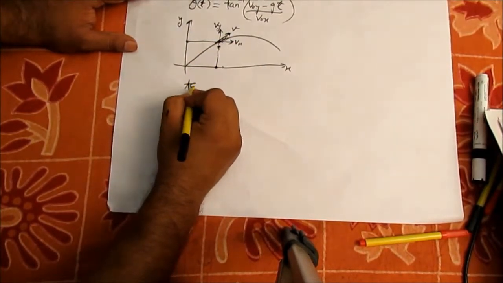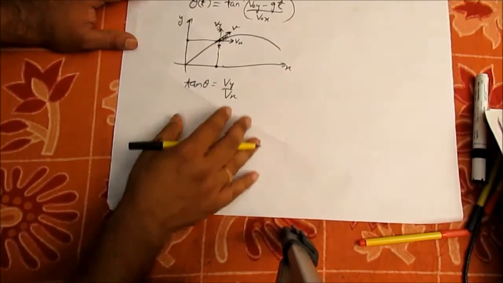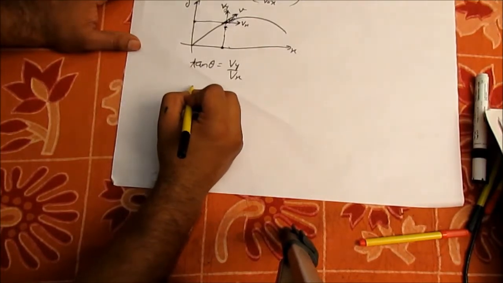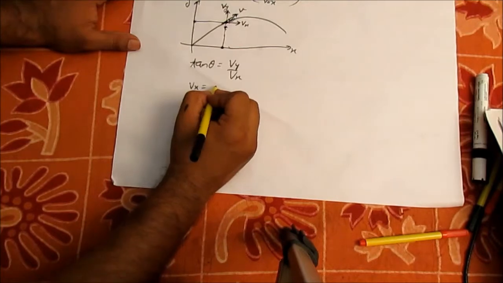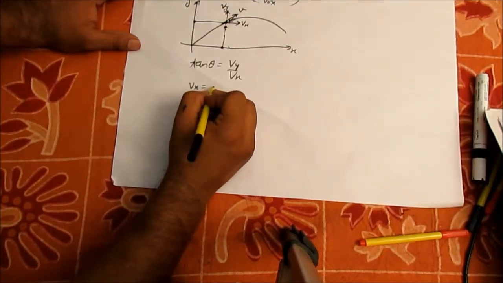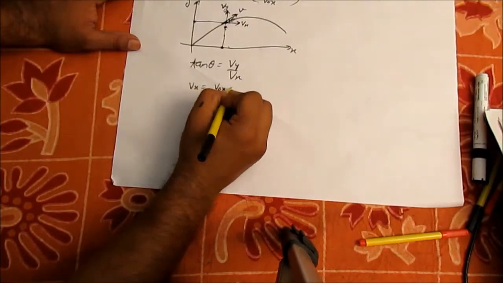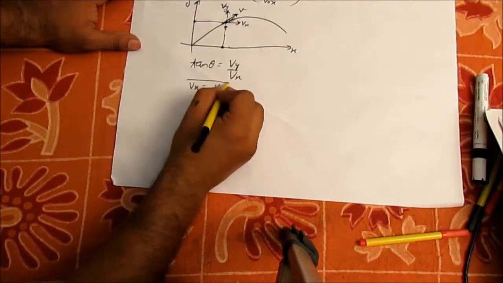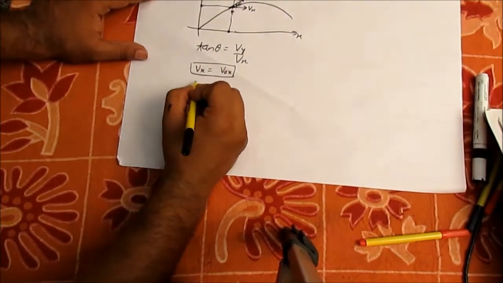So we know tan theta is equal to vy by vx, and as you know the formula for vx, you apply the simple formula, v is equal to u plus at. So u is the initial velocity, that is v0x, and acceleration in the horizontal direction is 0. So vx is equal to v0x only. And consider the vertical motion.